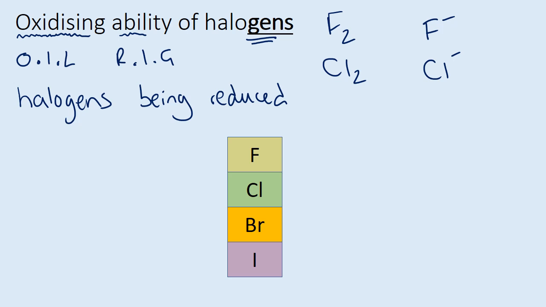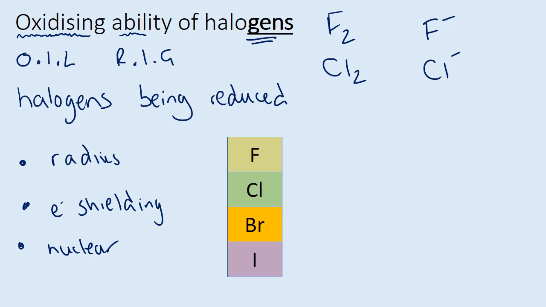Now, when you think of it in terms of the factors we consider for gaining and losing electrons, we always talk about the radius, the electron shielding, and the nuclear charge. And we see this trend over and over.